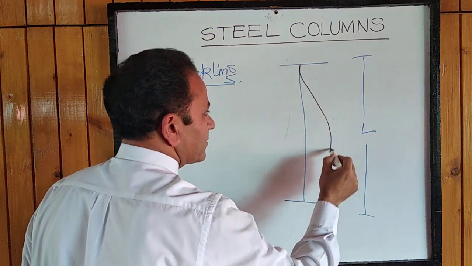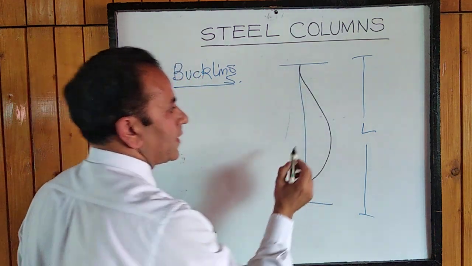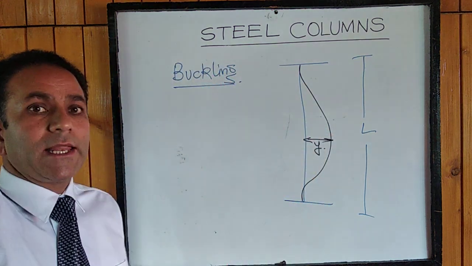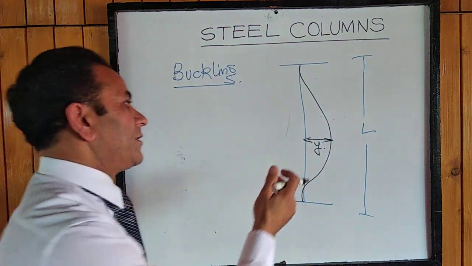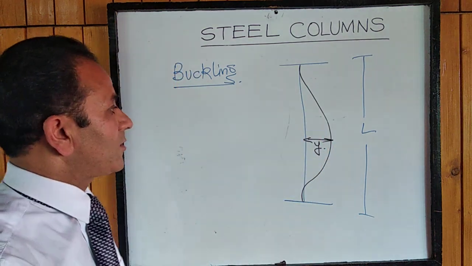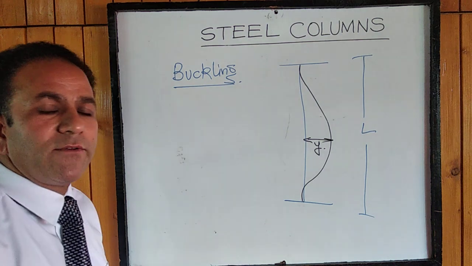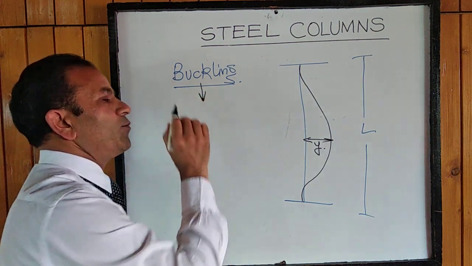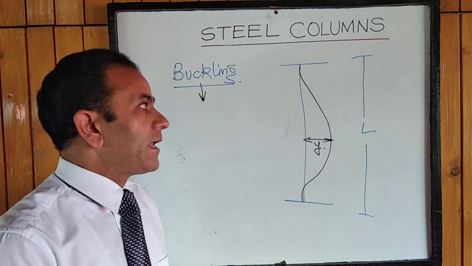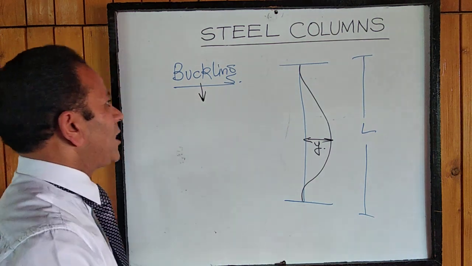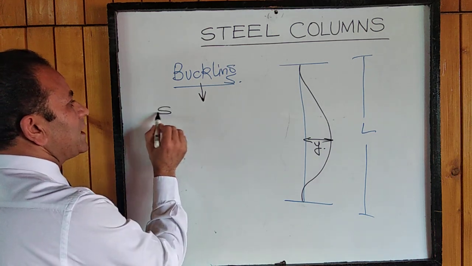So it will bend something like this. This will be the maximum deflection. Because of this buckling, because of this bulging, tension and compression will evolve at the surface of the column, and that ultimately will lead to the failure of the column. So buckling is the prominent mode of failure in a column, and hence there is a control over this in terms of slenderness ratio.